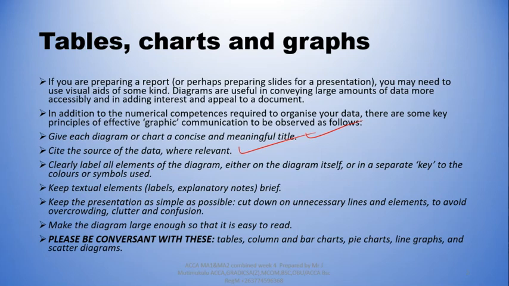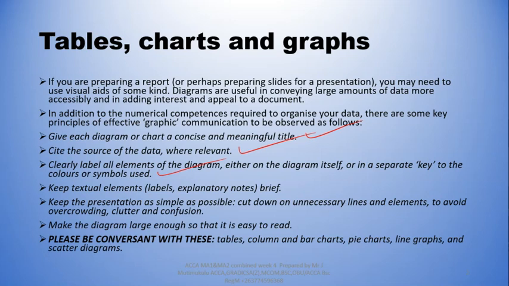All right, you should label clearly all the elements on the graph, either on the diagram itself or in a separate key or, in some texts, they call it a legend. Okay, there should be some key to a particular graph or chart. So do not forget about putting the key.